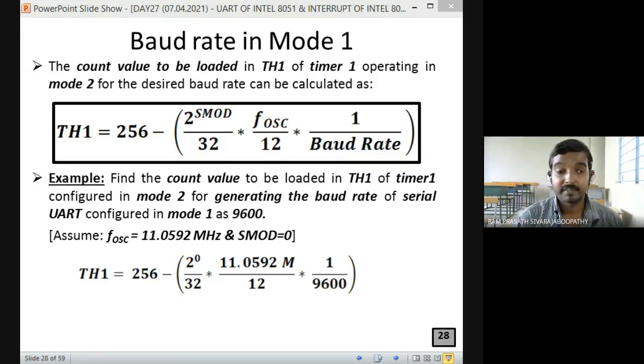Correct? So this value has to be divided by 16 or 32 based upon the SMOD bit. SMOD bit 0 means divided by 32.